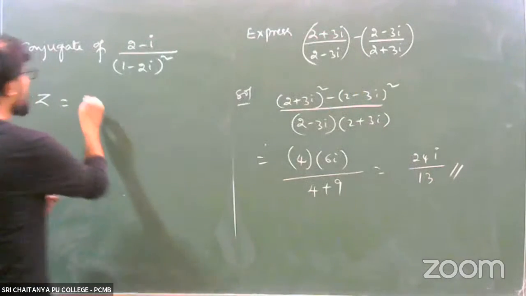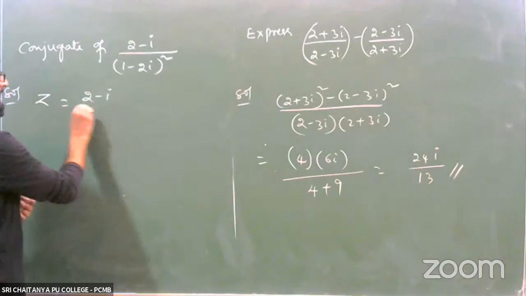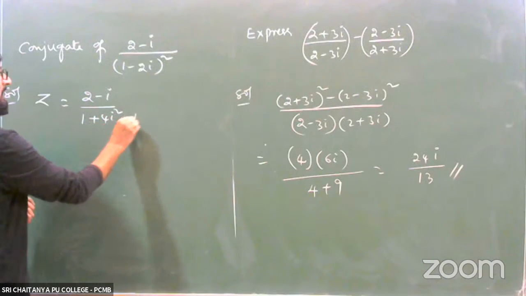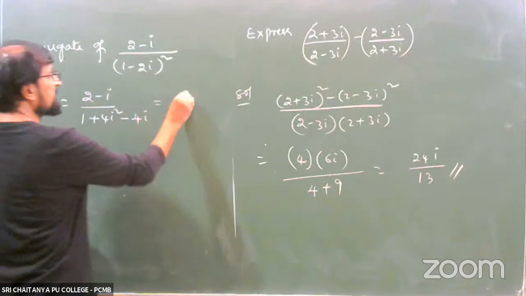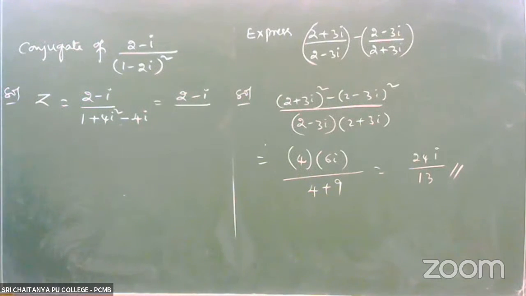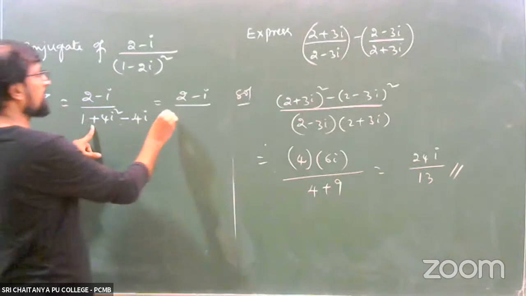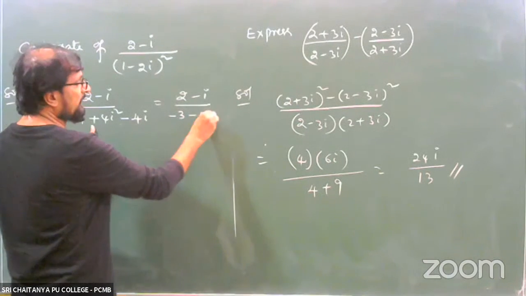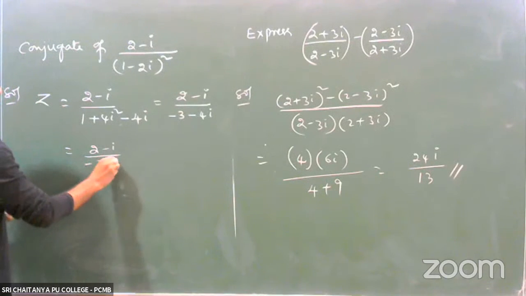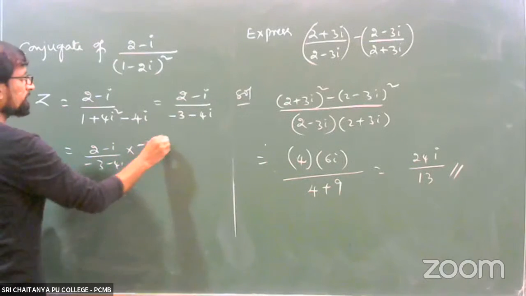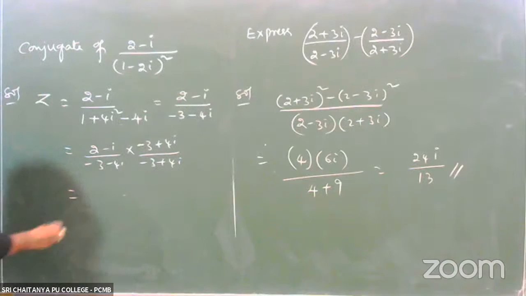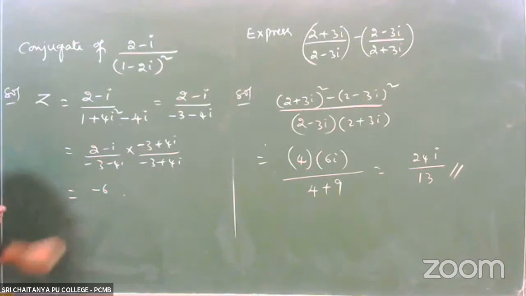So you write this in a plus ib form like (2 minus i) upon a square plus b square minus 2ab, which is equals to (2 minus i) upon, i square value is minus 1. So this becomes minus 3 minus 4i. Take the conjugate of this and multiply and divide with this one. You are going to get 4i by minus 3 plus 4i. We are going to get 3 2's minus 6, right?